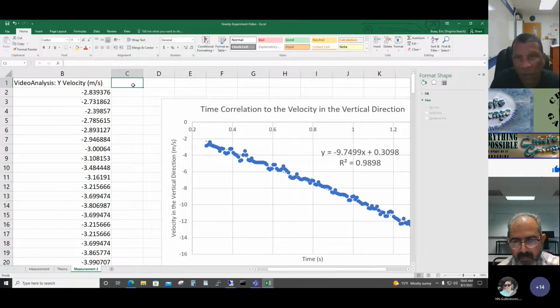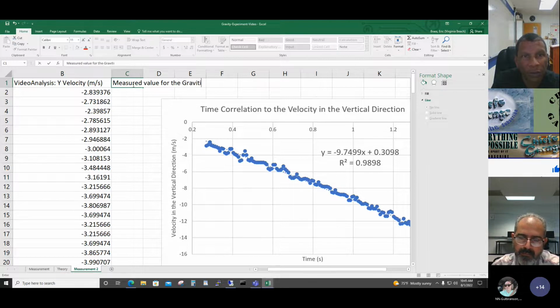Before we even do that, let's just go ahead and say our measured value for the gravitational pull at the surface of the Earth.